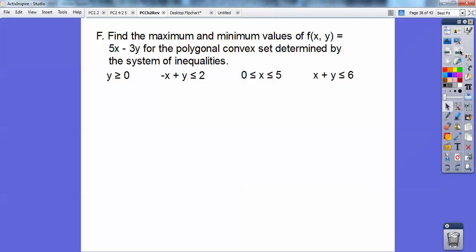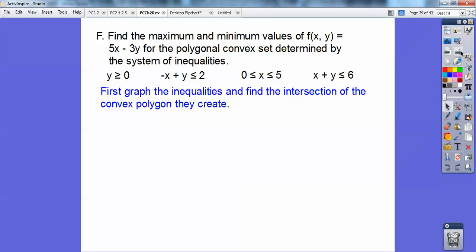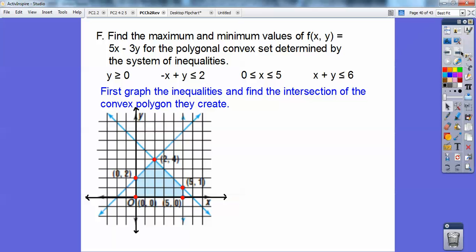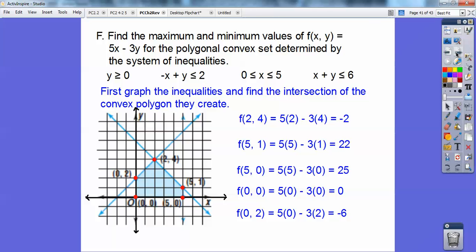What else do I have? Find the max and min of the function f(x, y) equals 5x minus 3y for the polygon that's bounded by these. When you graph those, you get that graph right there, and we're interested in all the vertices where the graph intersects. Then we plug all these vertices into f(x, y) equals 5x minus 3y, and we want to see which one calculates the max or the min.